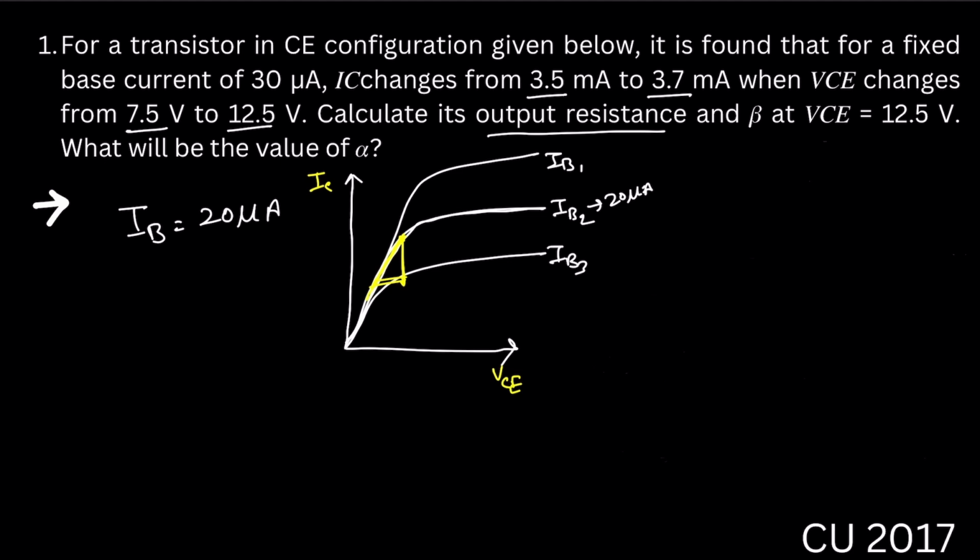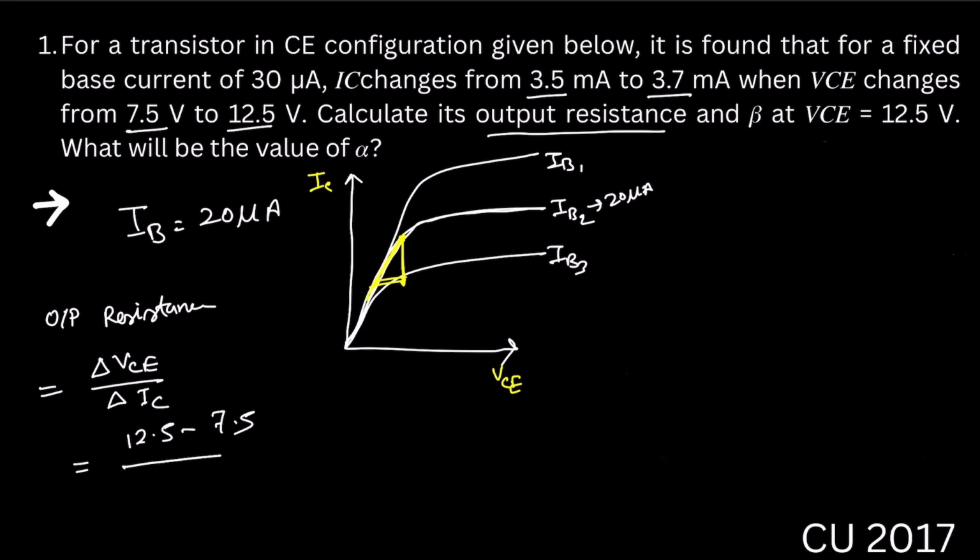So we can write down output resistance equals delta VCE divided by delta IC. So 12.5 minus 7.5 divided by 3.7 minus 3.5.